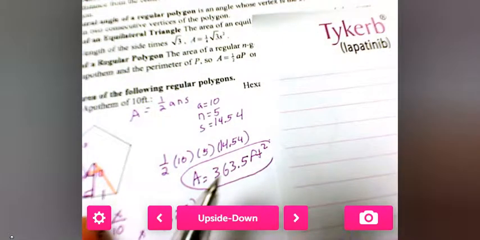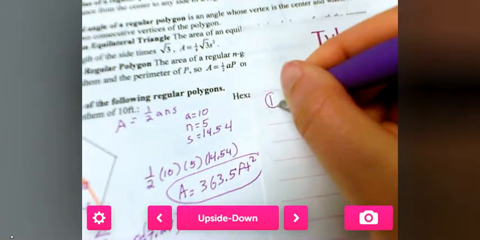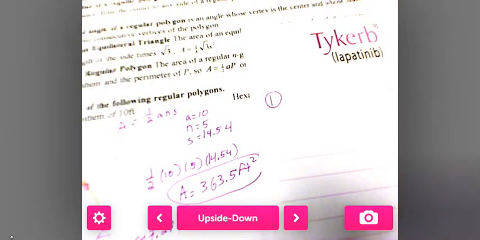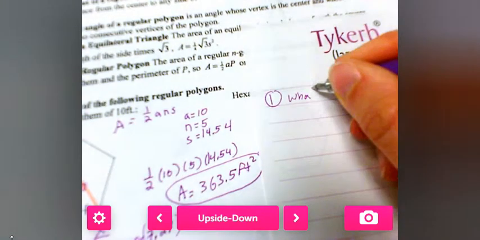I'm going to just write this on the side paper, using this as my example. Step 1: Ask yourself, what do you have?